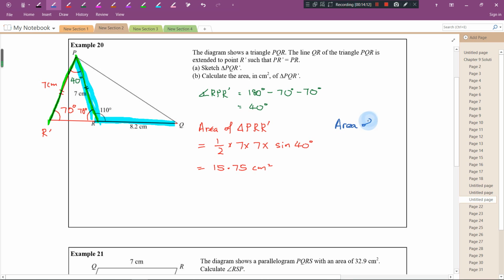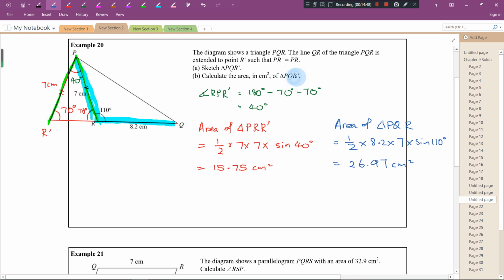Area of triangle PQR is 1/2 times 8.2 times 7 times sine 110 degrees. Okay, it will be 26.97.